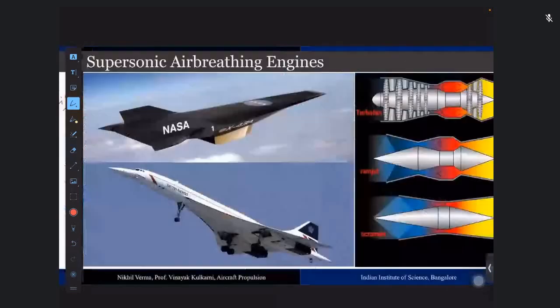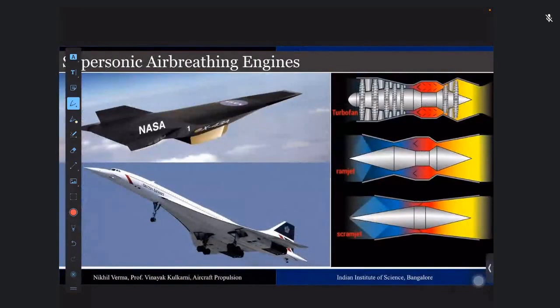Yeah. Coming on to this supersonic, there is another type of engine which are used for cruising at a supersonic speed. These are known as ramjet engine and scramjet engine. When we cruise at a higher Mach number, there is a phenomenon that is known as shock wave generation.